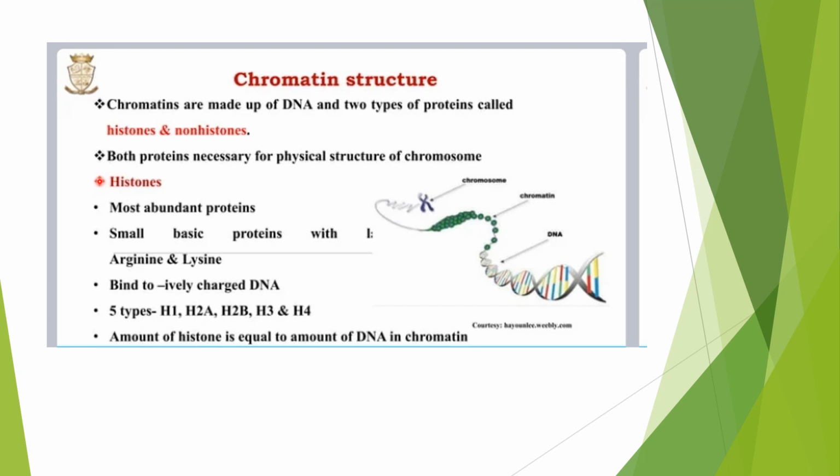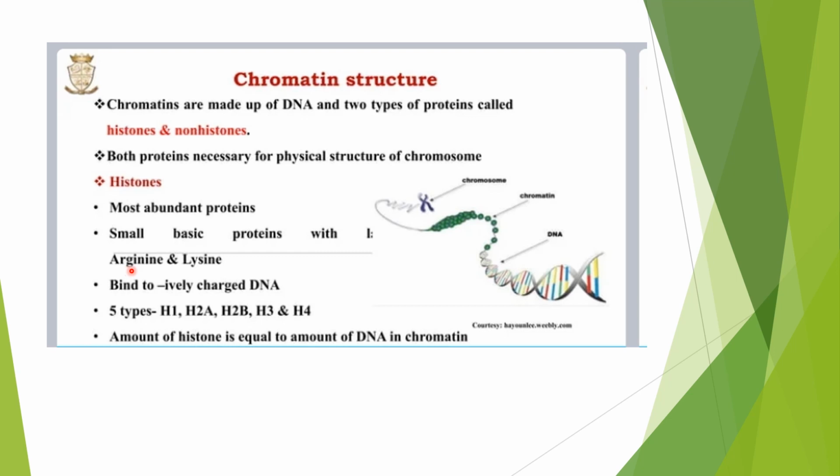First of all, we will take a look at histones. The most abundant proteins present in chromatin are histone proteins. These are small proteins that are basic in nature, and they contain a large quantity of arginine and lysine amino acids.